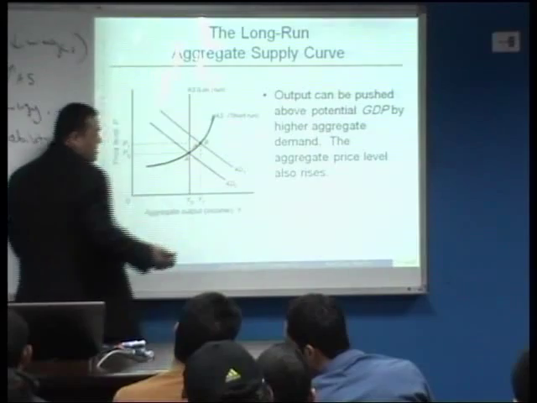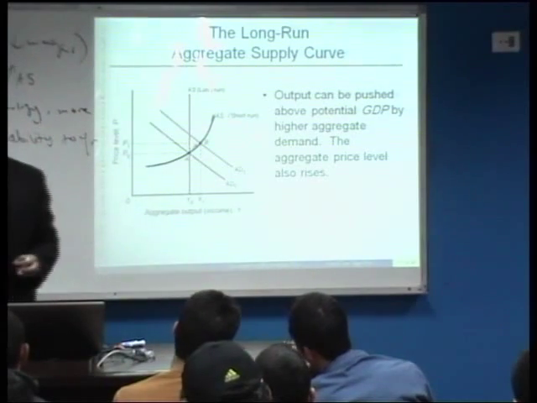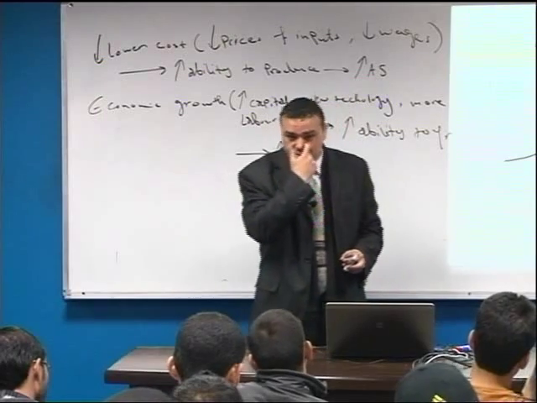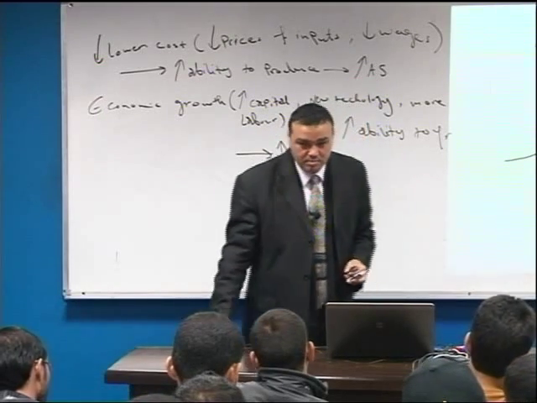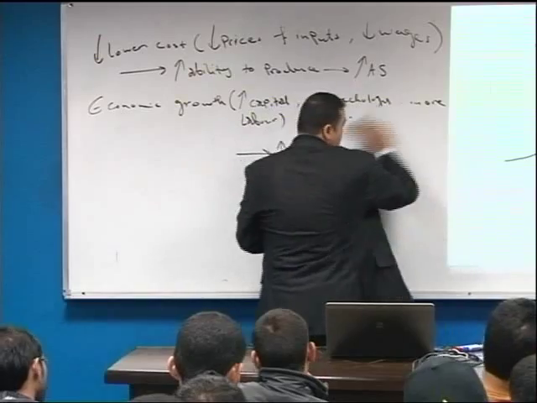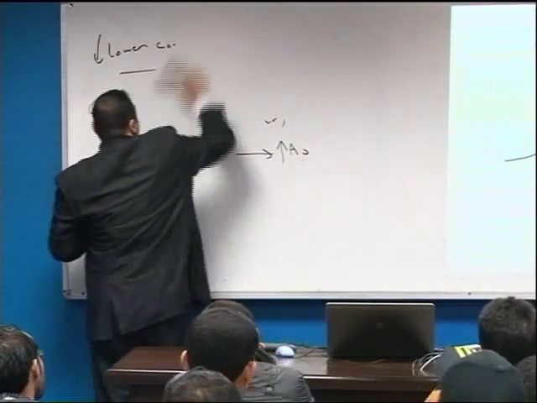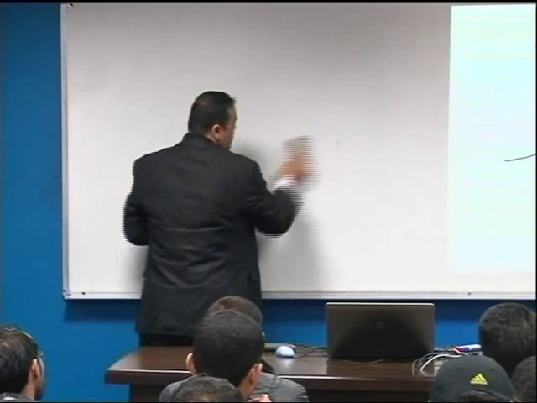Suppose we use an expansionary fiscal policy. Suppose that the government used an expansionary fiscal policy. What does this do to the aggregate demand? So we can see that there is a rightward shifting in the aggregate demand curve.